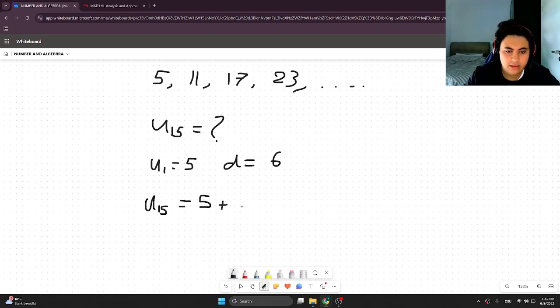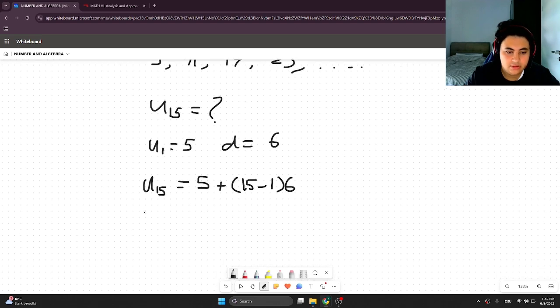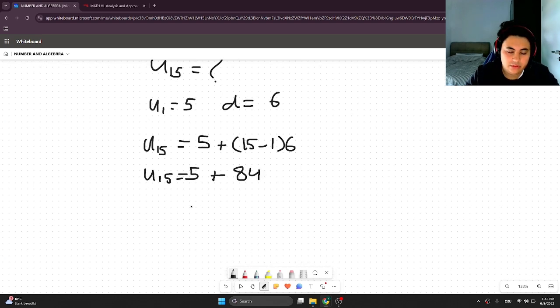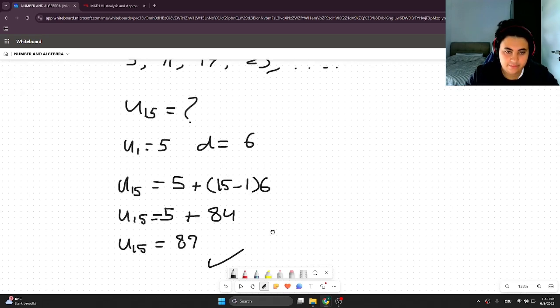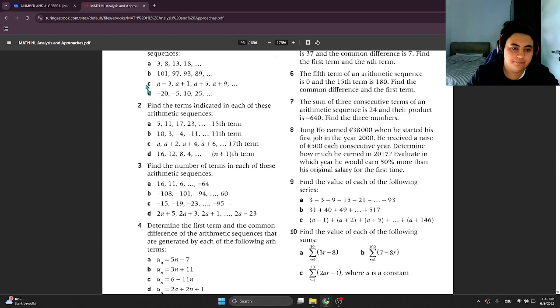Plus 15 minus 1, which is 14, multiplied by 6. So U15 is equal to 5 plus 14 times 6. Let me use a calculator here. 14 multiplied by 6 is 84. So 5 plus 84 is 89. So U15 is equal to 89. Let's check. Yes, that is correct. Okay, let's move on to the next one.